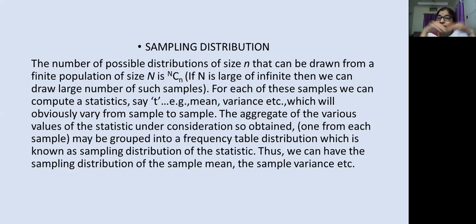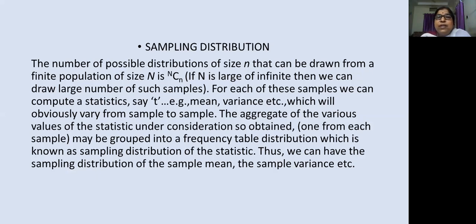I took 5 samples, asking the students to draw a sample of size 15 each. Those samples I put in a table, and for those samples I found x bar and then s square. That is, for each sample of 15 I found the mean and variance. All of them I put in a table. That table is called the sampling distribution.